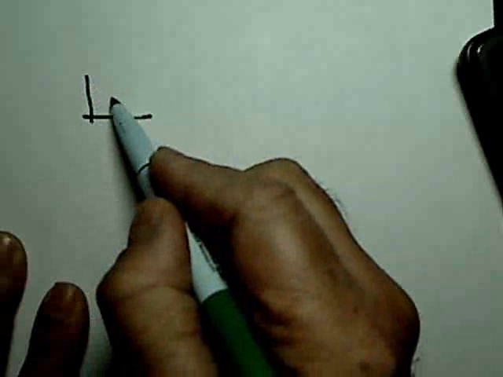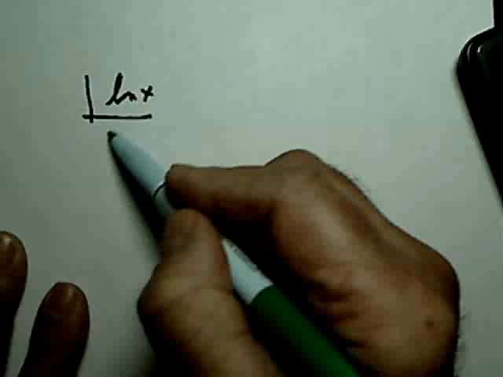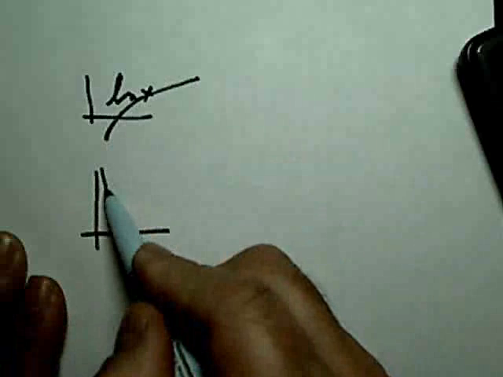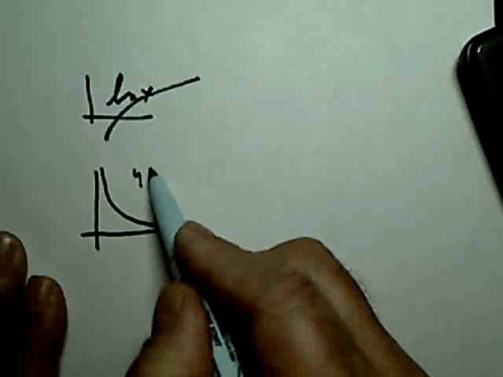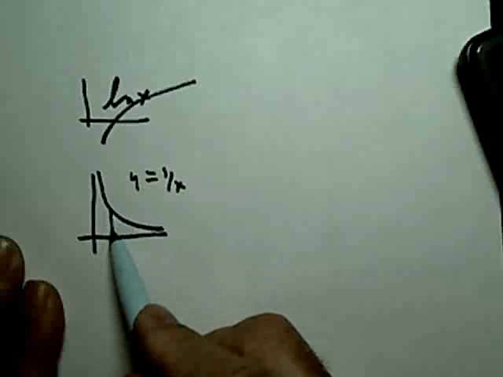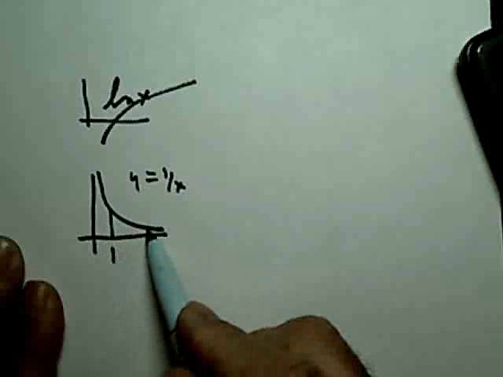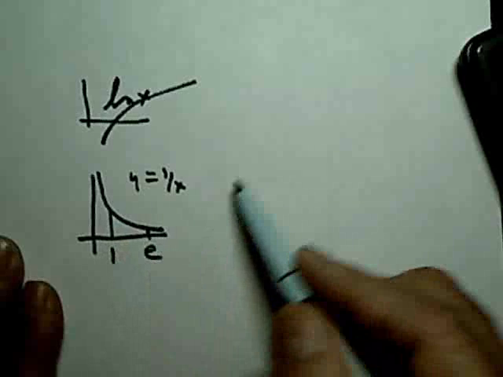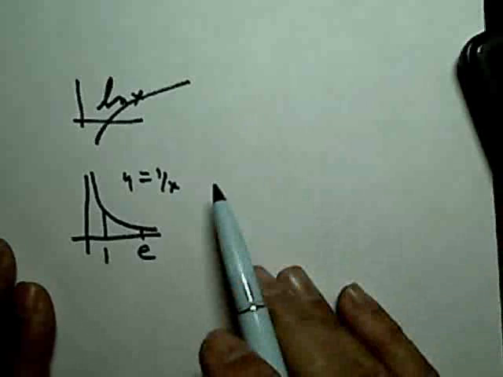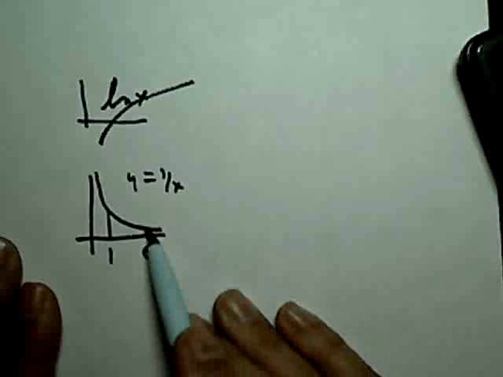Let's see. I told you that if you take the natural log of x, this is its graph, and take its derivative, you'll get 1 over x, which is a hyperbola, y equals 1 over x. Now suppose I said I want to know the area from 1, and I'll go out to the magic number e. You may or may not know this. If you've been through my tier 4 of mathematics, you'll know what e is.